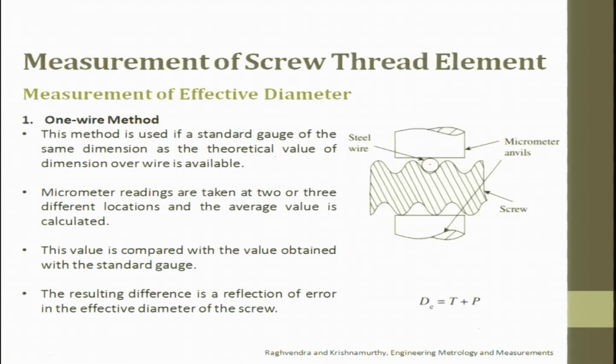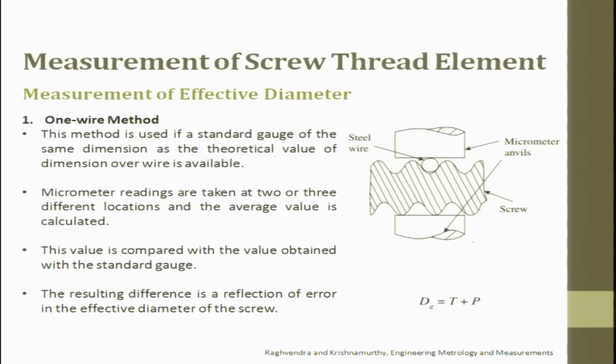Then we go for this measurement. Here the micrometer readings are taken at 2 or 3 different locations, and the average value is taken. Generally in metrology, or in any measurements, we ask them to repeat the process, and we get 3 or 4 sets of data.